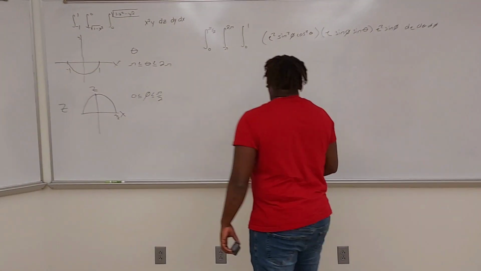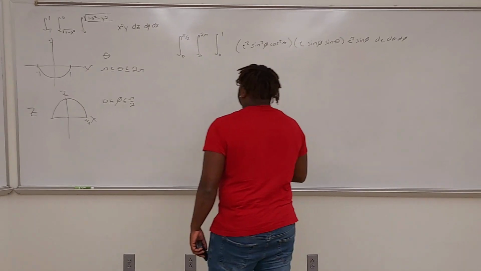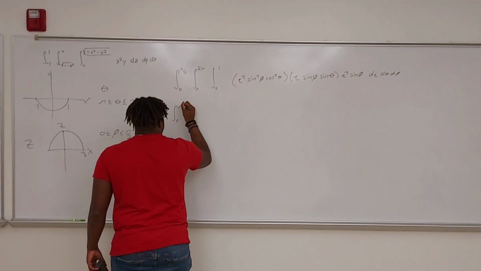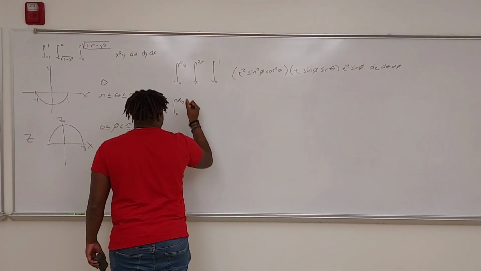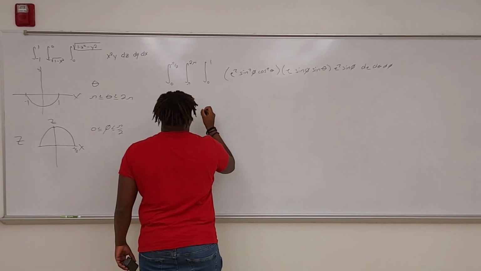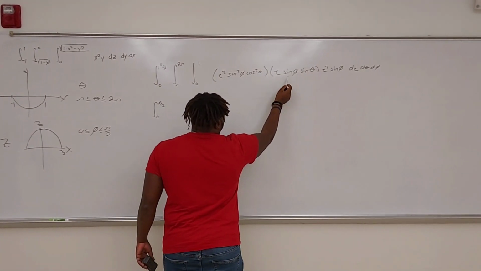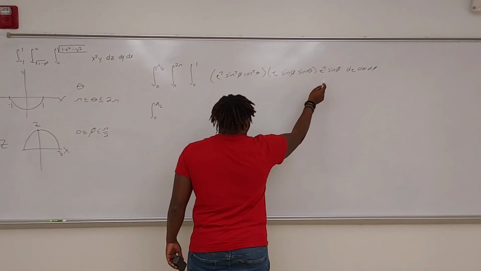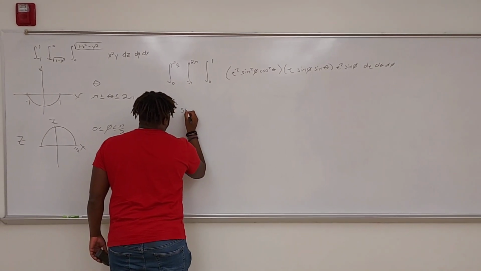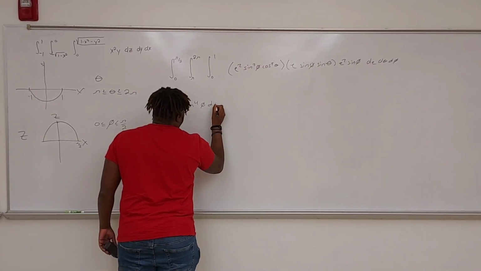Okay. Now next step is we combine all this. So for 0 to pi over 2, it will be anything that's with a phi. So it'll be sine squared phi times sine phi, and then sine phi again. So it'll be sine to the 4th power phi d phi.